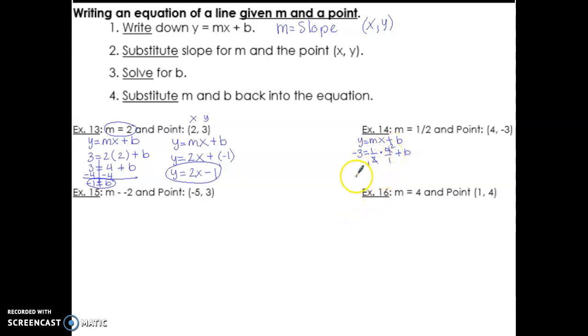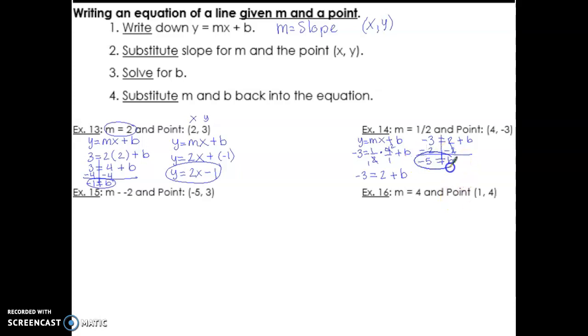So now we actually end up with -3 is equal to 2 times 1 is 2 over 1 times 1 is 1, or just 2, plus b. -3 is equal to 2 plus b. Split it down the equal sign, subtract the 2 from both sides, because whatever you do to one side, you must do to the other. That gets crossed out, and we're left with b is equal to -5.